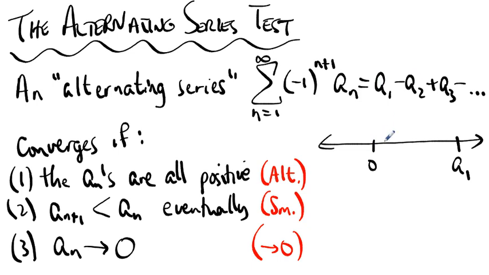So we're not coming back this far. We're coming back maybe to here. Maybe I should call that S2. And then we add A3. So we're coming back this way, but not this far, because A3 is less than A2, so maybe we're here.